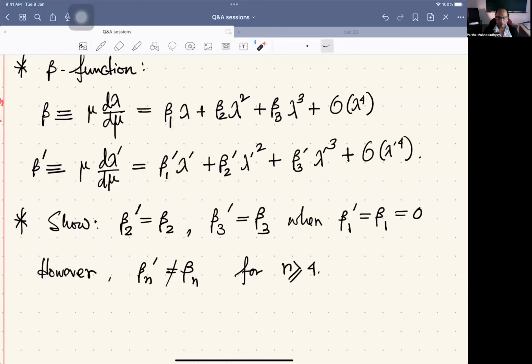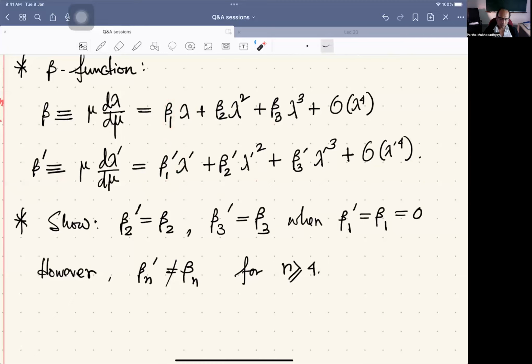In another way of calculating, it will have beta I coefficients. And then matching these two results will enable us to find the relation between beta I prime and beta I. So that is how the calculation is to be done.